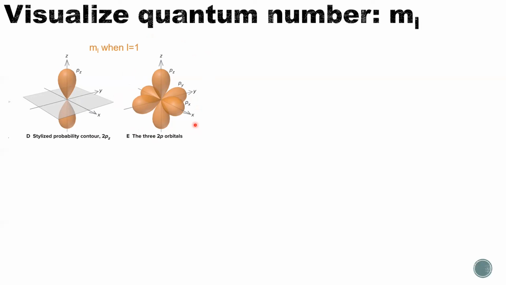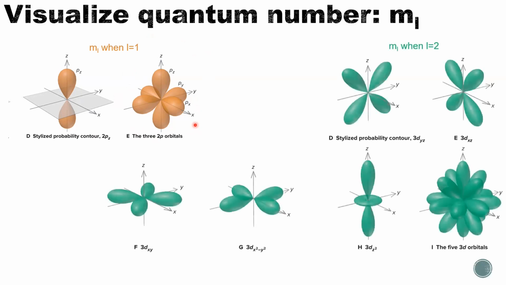Okay, so when L equals 2, as you know, we have 5 different m sub L values. So there are actually 5 different orientations. We have this 4-lobe shape. It can be in the YZ plane, in the XZ plane, or in the XY plane, or it can be along the X and along the Y, or it can have this shape along Z squared.